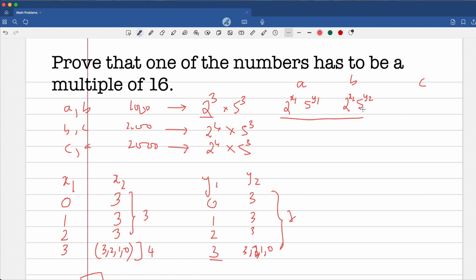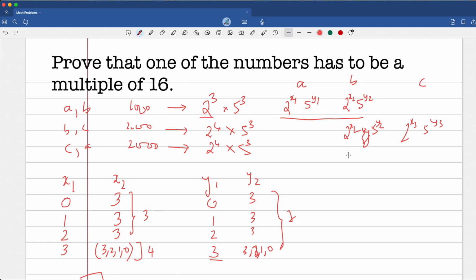But our goal today is not to figure out what ABC is, but to also think about one of the numbers being a multiple of 16. So let's write down for the second one, you have the same 2 to the x2, 5 to the y2. But now you have C, which is 2 power x3 and 5 power y3.